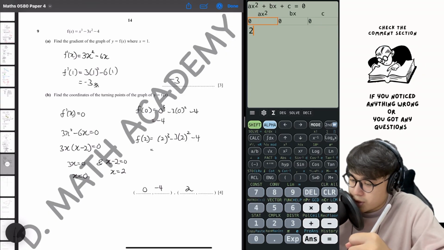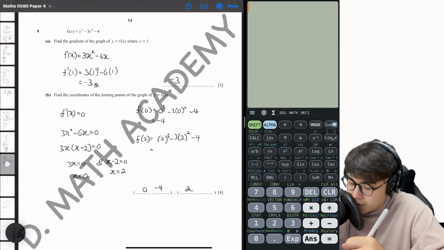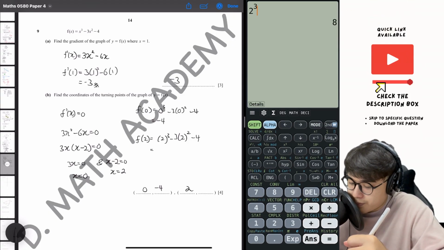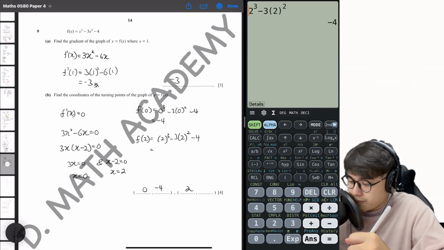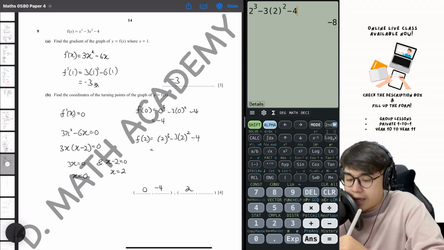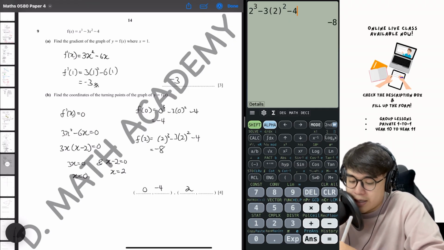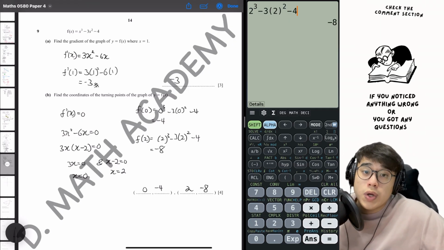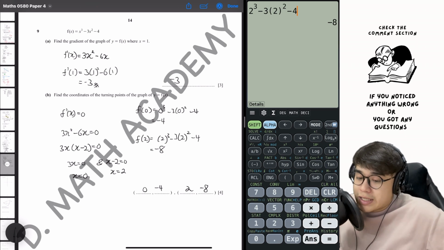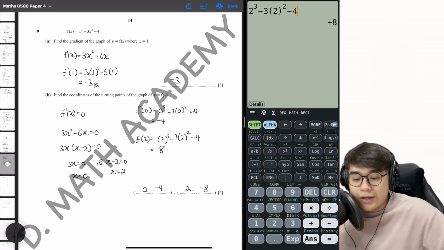So 2 cubed, okay, key in your calculator, 2 cubed minus 3 times 2 squared minus 4, you will get -8. So these 2 are the pieces of information that I have now. Okay?